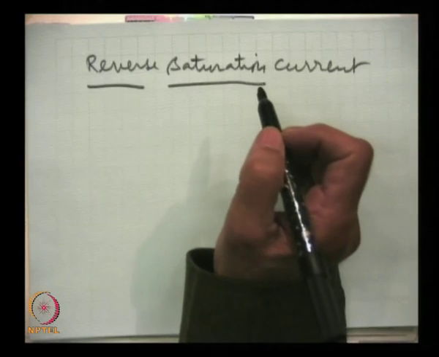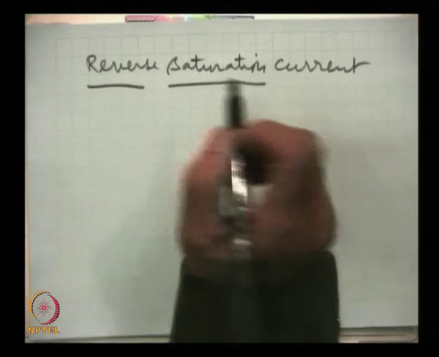Why is it saturation current? This is saturation current because the number of these minority charge carriers simply depends on the temperature.